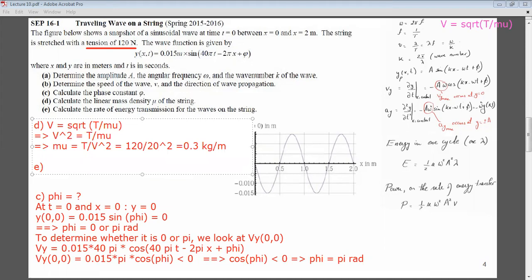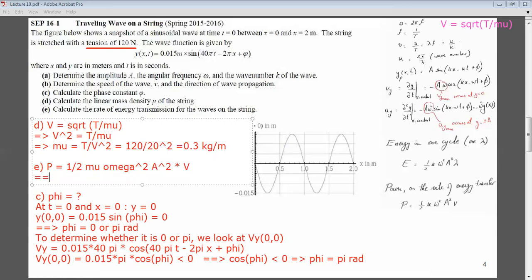Finally, calculate the rate of energy transmission for the waves on the string. The rate of energy means the power, and for the power we use this formula down in the table. It is half mu omega squared A squared times V, which is the speed of the wave.